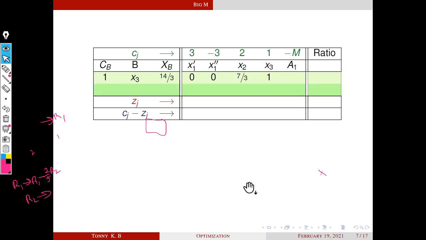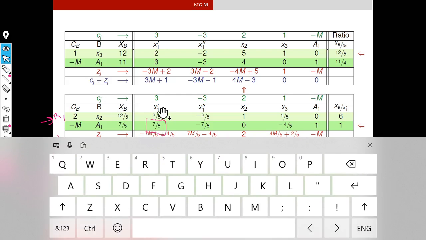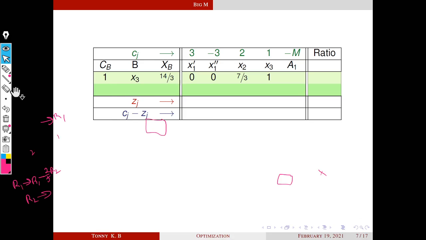Okay, so next iteration. Now x3 is a basic variable and the corresponding cost is 1. Here this is the pivot element, so we multiply with 3 by 7 to convert this to 1.